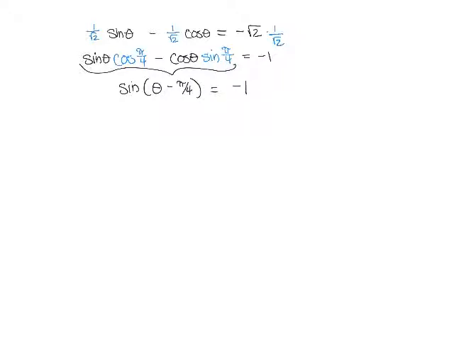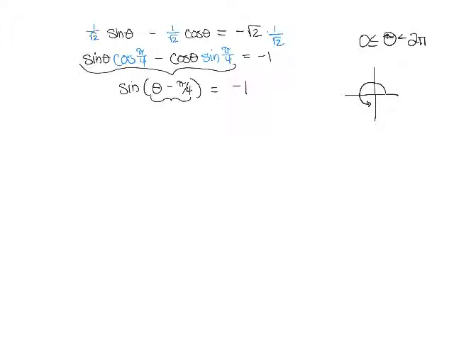So what I'm really thinking of is, what should this angle be if I take the sine of it and I get negative 1? It has to be in the interval from 0 to 2 pi, because that's what we're looking for, the angles that would be in there.